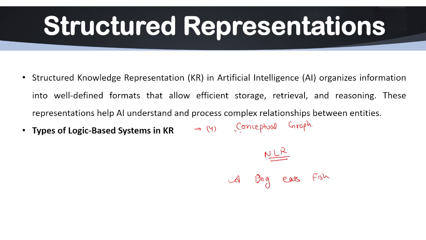Clear? Here, how does a graph work? We can say a dog works as an agent here. Eating is the action, and the object is fish here. Clear? So it is the extension of semantic networks with a graph-based structure.